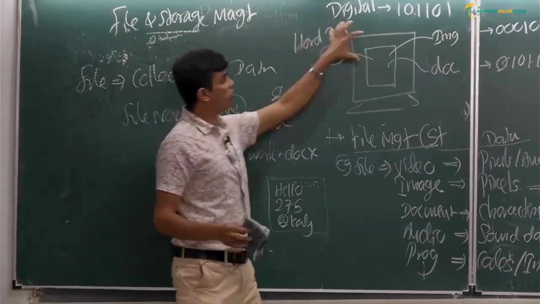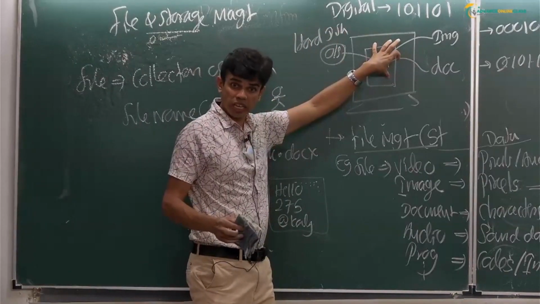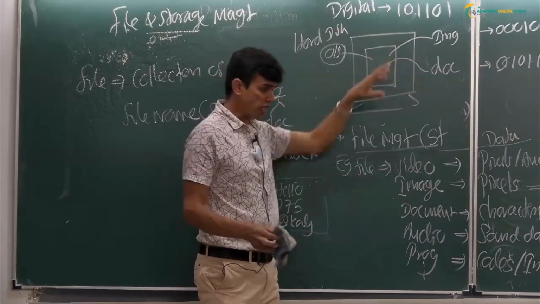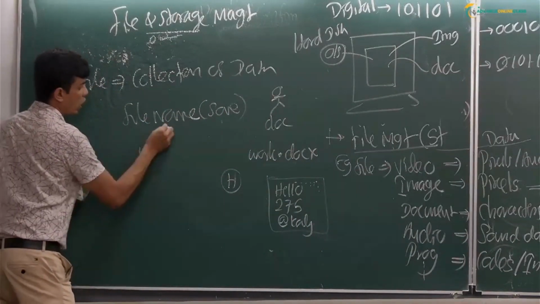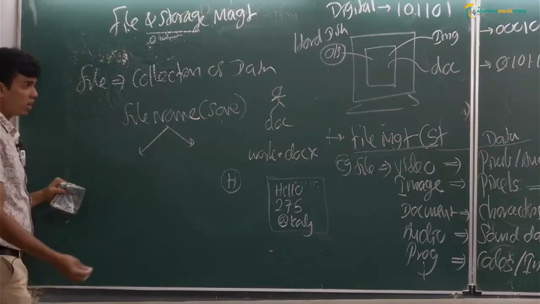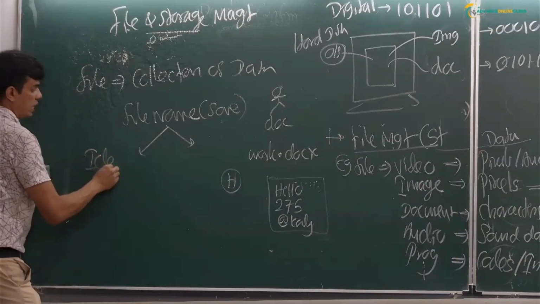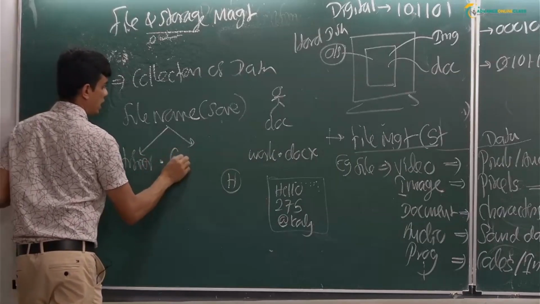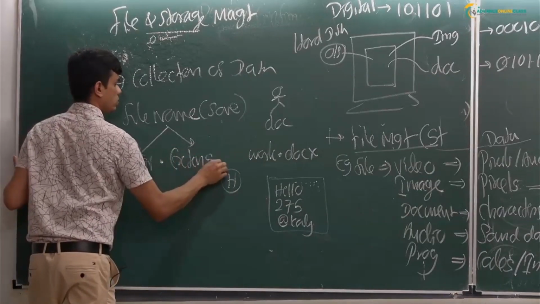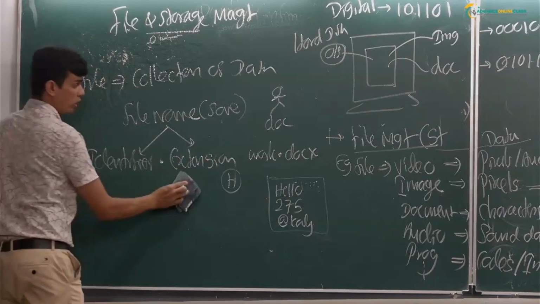When you are going to save the file on the hard disk, we need to use a name. Everyone knows that. A file name is made with 2 sections. What are they? One is called the identifier, the other one is called the extension. You people know that well.